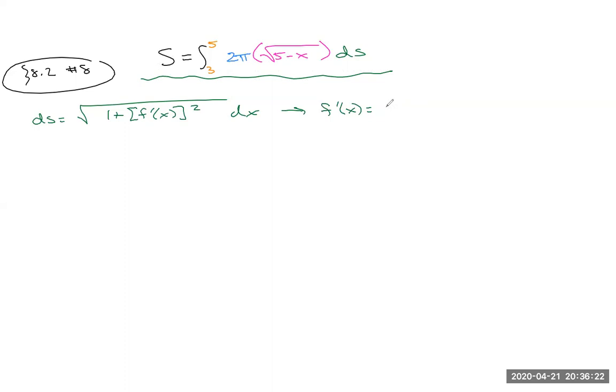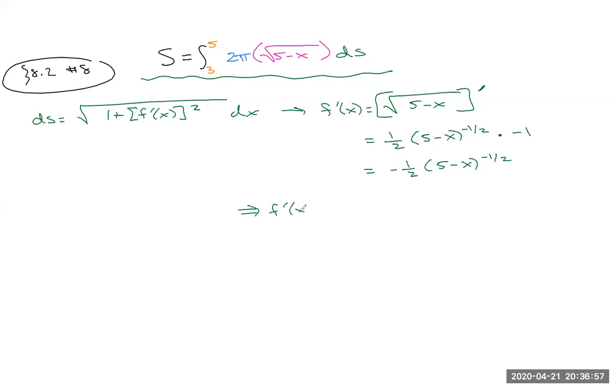So that was root 5 minus x, and we're going to take the derivative of that. So then that would be 1/2 times 5 minus x to the negative 1/2 times -1 from chain rule, which is going to give us -1/2 times 5 minus x to the -1/2.